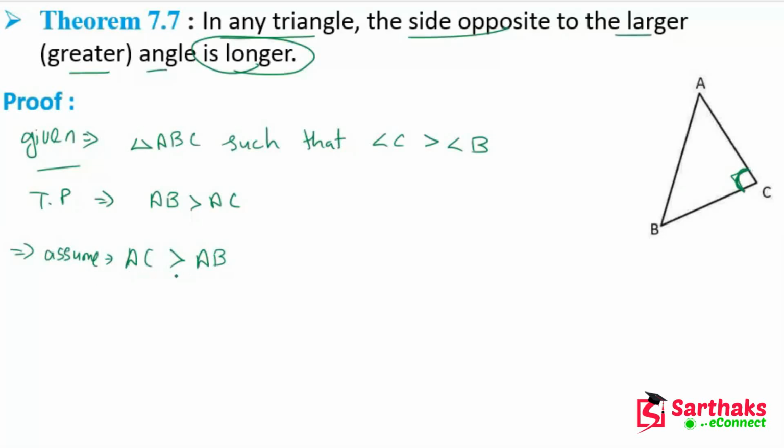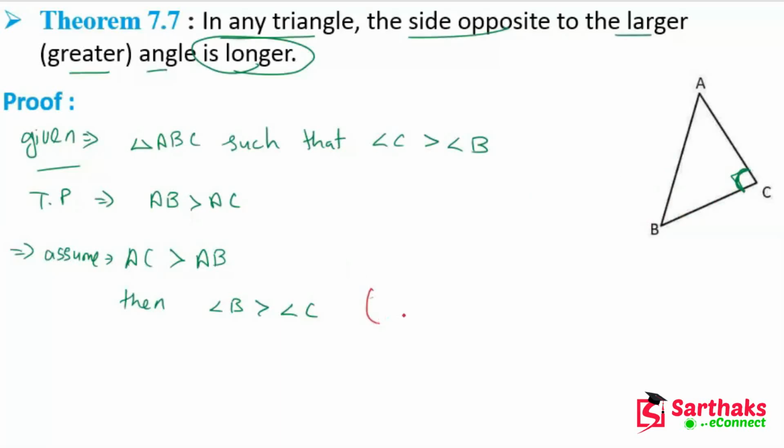So we can write then angle B is greater than angle C, meaning the angle opposite to the larger side is greater.